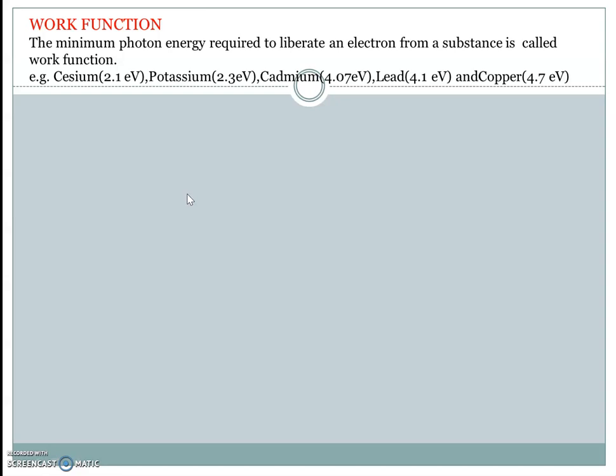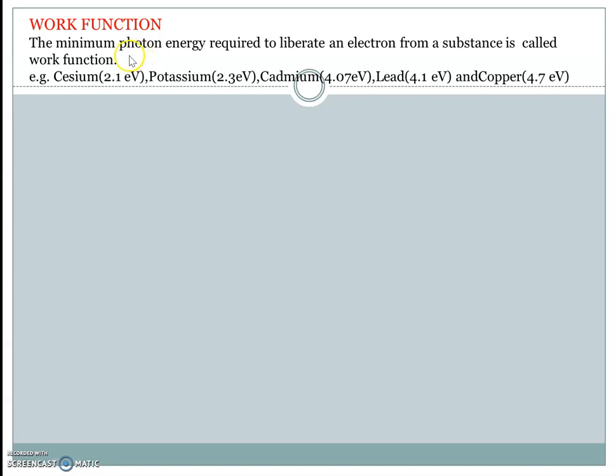First topic, which is work function. We all know that there is electrostatic force of attraction between electrons and nucleus inside an atom that provides necessary centripetal force to revolution of electron around the nucleus.